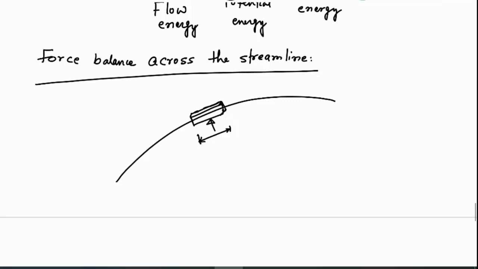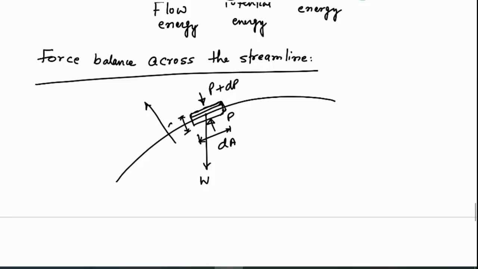The force acting in this case is P, and since I am going in this direction, at this point the pressure will be different, that is P plus dP, acting in this direction. Other things will be the same. This is weight W, and let us call this area dA, and this dimension was the n dimension.